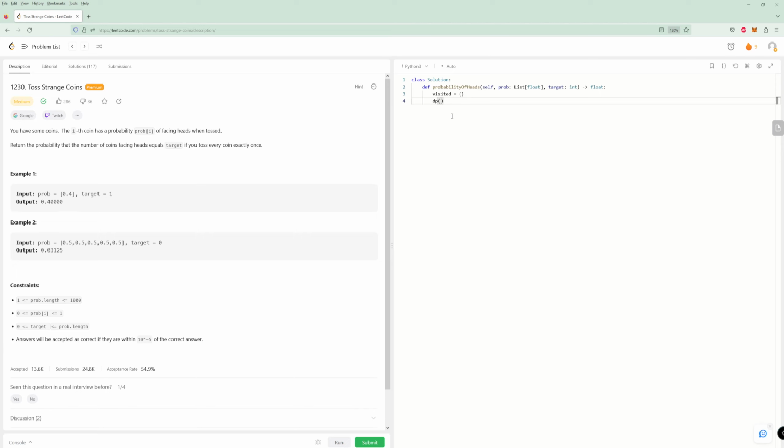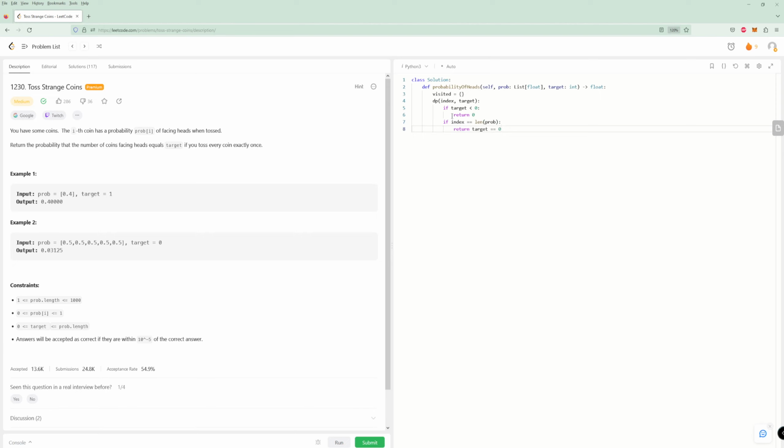Okay, so we have an index, we have target. So remember our base cases. If target is less than 0, we can return 0. And then if index equals length of probability, that means we have no more coins, and we just return target equals 0, right? So if the target is 0, then we want to return 1.